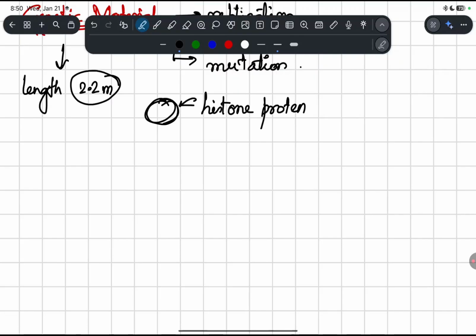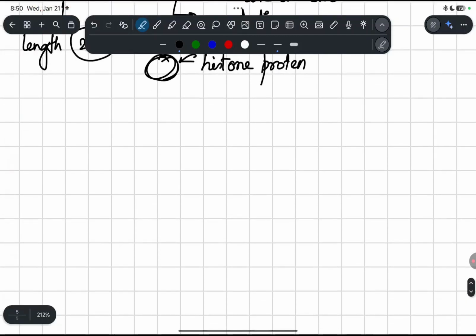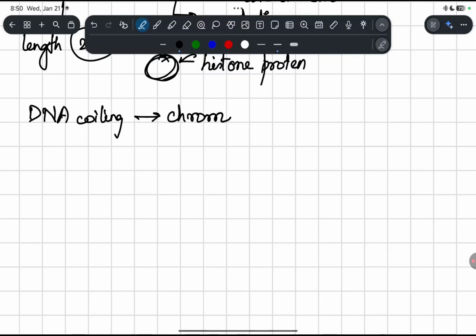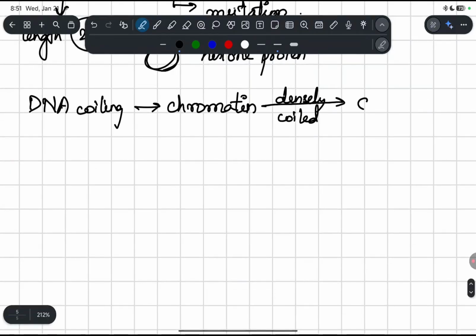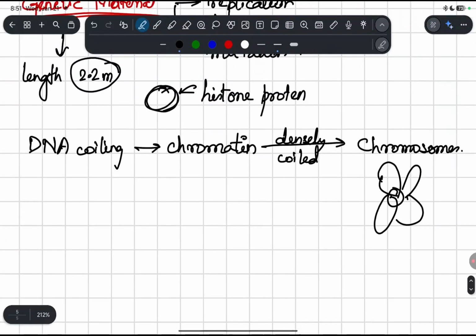That coiled structure is called chromatin. So from DNA coiling we get chromatin, and when it coils further, densely coiled chromatin is chromosomes, right? They look something like this.